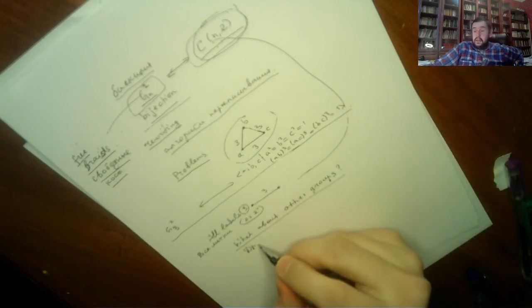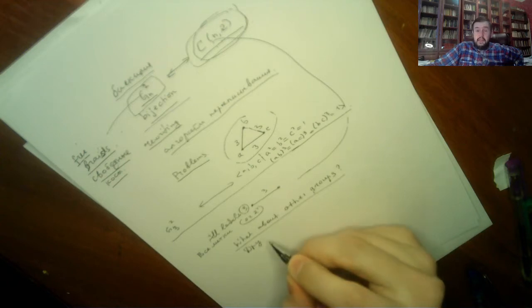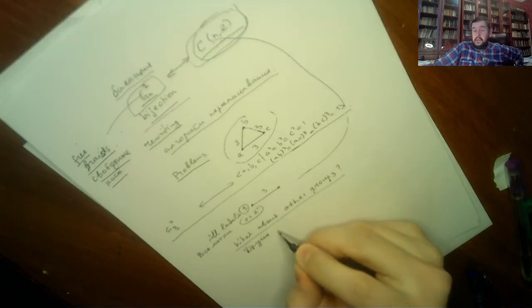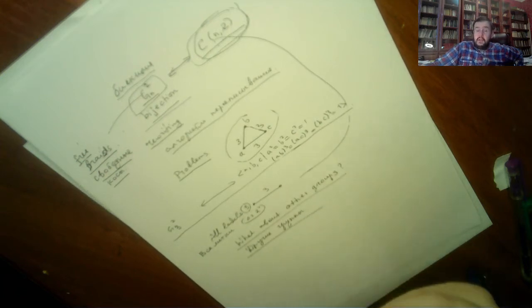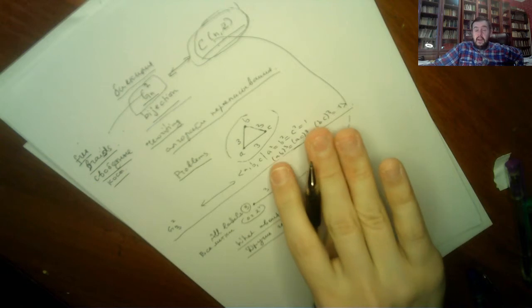Can we get anything like Coxeter groups for them, and can we get any other interesting things by a rewriting algorithm? And also we can ask another thing.